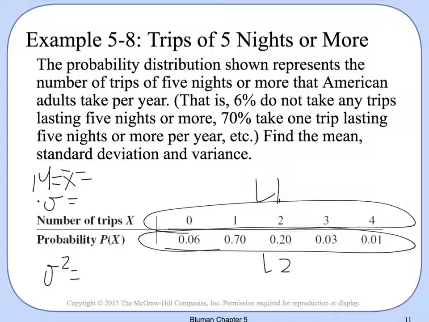The mean is 1.23. And if we're going to do the rounding to one place, we'll just go 1.2. But yes, it is 1.23 on our calculator. 0.6 for the standard deviation. 0.417 for the variance.